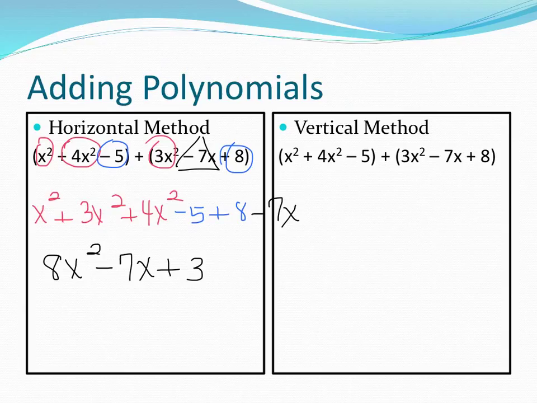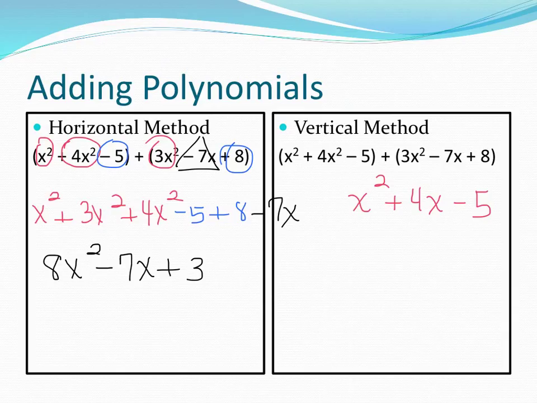Now, when we use the vertical method, what we want to do is write out the first set of parentheses, which is x squared plus 4x minus 5. Then, when we get to the second set of parentheses, we want to make sure that we place each of the terms in the second set in the right column from the first set.